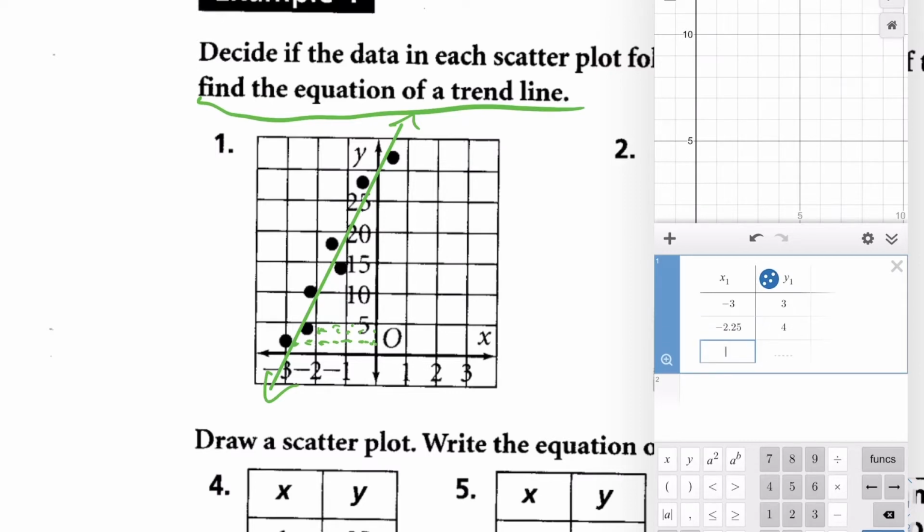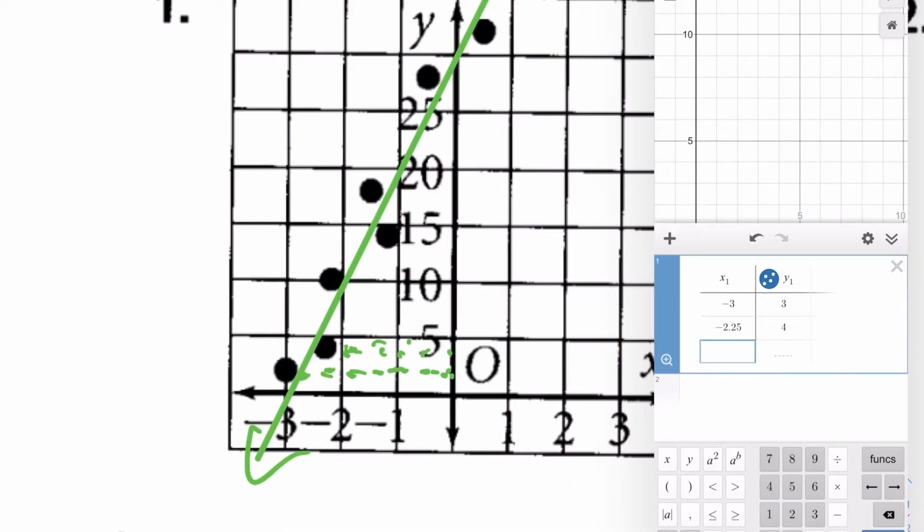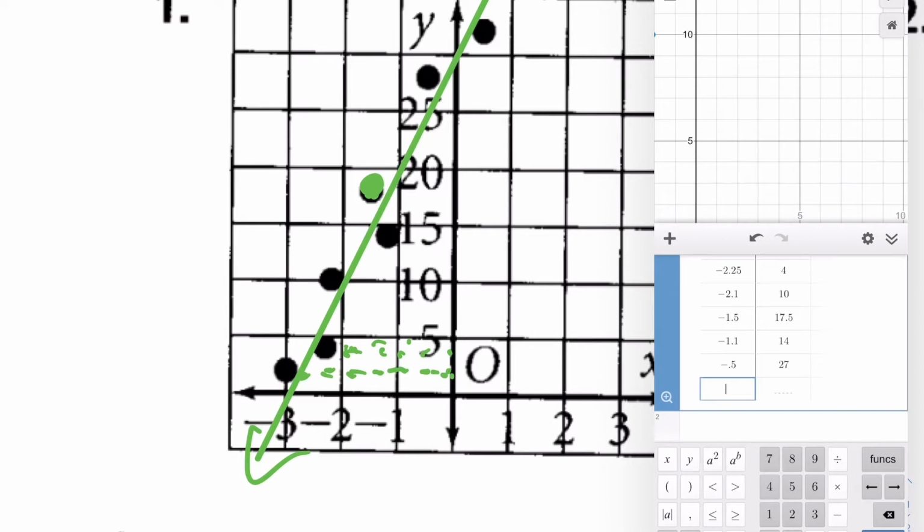We'll continue. We have one that's a little bit less to the left, and it's at 10 high. So I'll say -2.1 with 10. We have this, and then the last one is at half of a space for x, with, looks like we're counting by 5, so that's 32 for y.